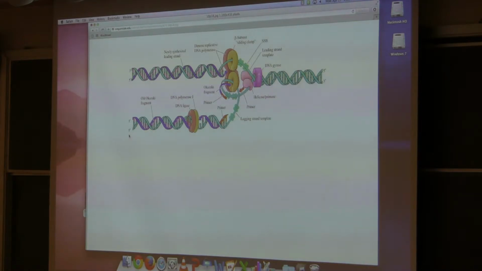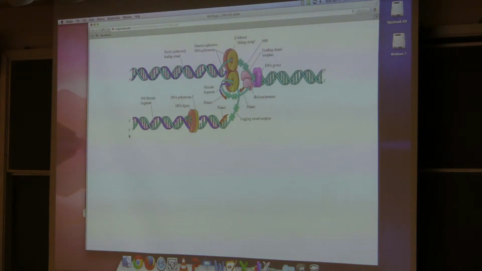Well, it means that when we look at all of these pieces that are being made on the lagging strand, every one of those pieces starts out with a little stretch of RNA, followed by DNA, and then it gets to the next piece, which has RNA followed by DNA, RNA followed by DNA, RNA followed by DNA, and you get the idea that that lagging strand is really a mesh of a bunch of things.